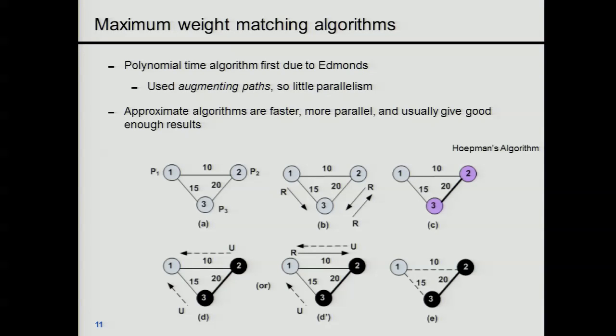So 2 refuses 1, 3 refuses 1, and then 1 now tries its second best edge, which is 10. Having been refused by 3, it now tries to match with 2. And when it sends its request to 2, of course 2 has already been matched, so it sends a refusal as well, and then 1 remains unmarried, as it would be.